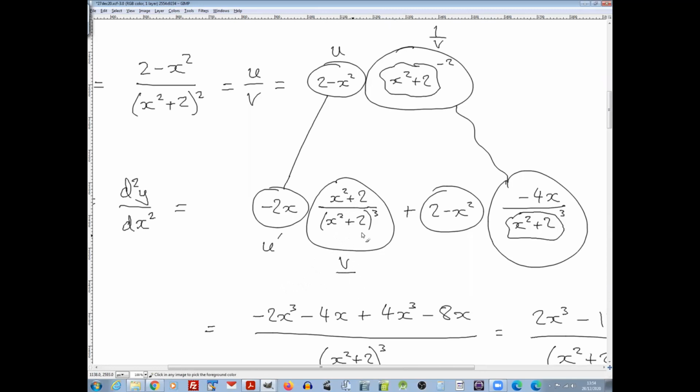But of course I avoided the quotient rule here because it would have given us a power 4 there, because it would tell you to square that. So it's u dash times v over v squared plus u times v dashed over v squared. So this is the quotient rule.